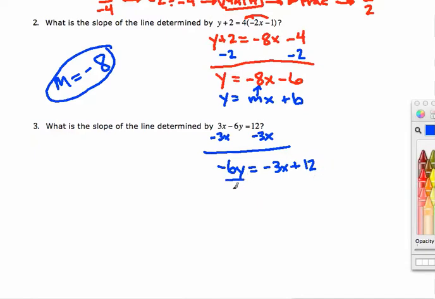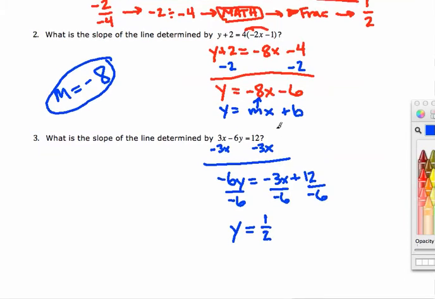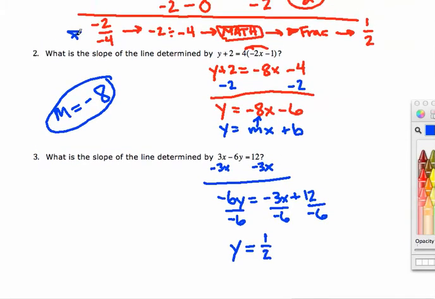Then we want to divide everything by negative 6, every single term here. Our final answer is going to be y equals our final form. Negative 3 over negative 6 is a positive 1/2. If you want to verify that, you can do the same process as up here.